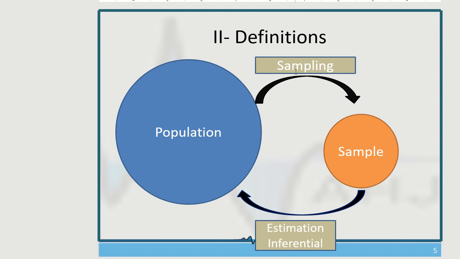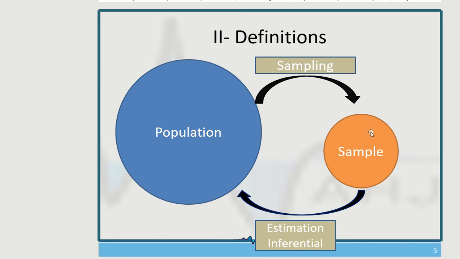Now the process through which you take that subgroup is called sampling, and there are different types of sampling: probabilistic samples and non-probabilistic samples. Again, this is not the topic of this course, but I'm introducing the concept. The best samples are probabilistic, and these produce a sample that is representative of the population, meaning a sample that resembles the population.